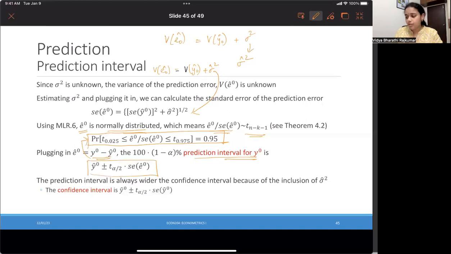You can notice that just in the way we construct the interval. This is for a particular Y value, the prediction interval. Whereas what you see here is the confidence interval for the average Y value. So notice that you have standard error of Y naught hat there, whereas standard error of E naught hat is standard error of Y naught hat plus another number. So it's naturally larger, so a wider margin.